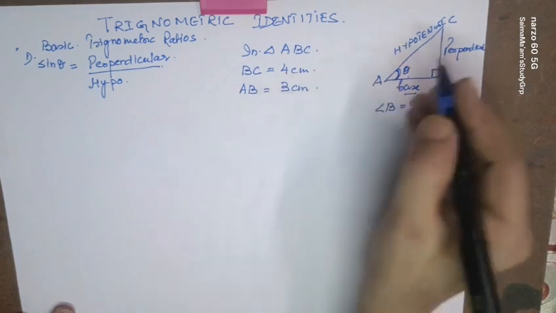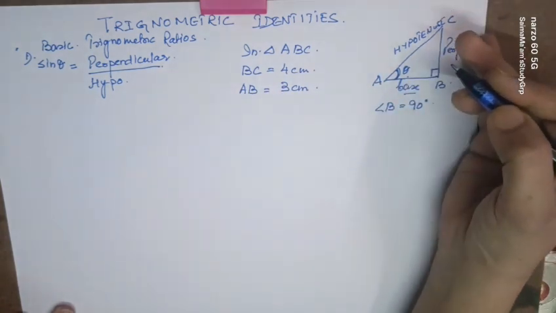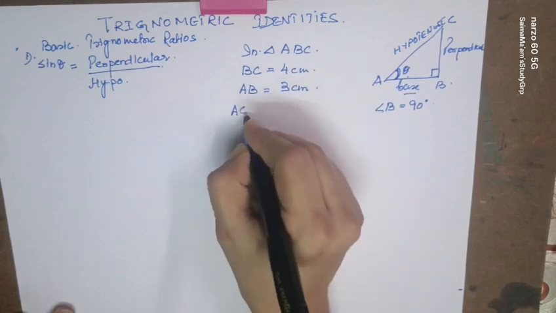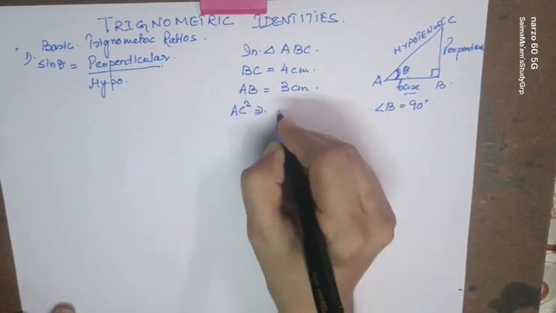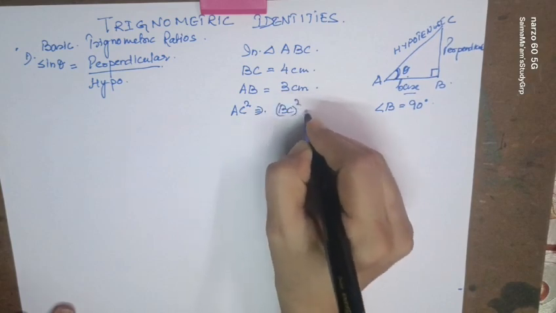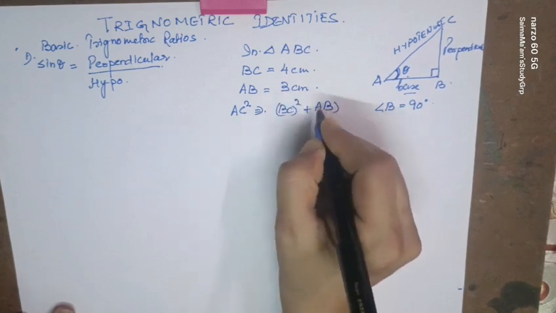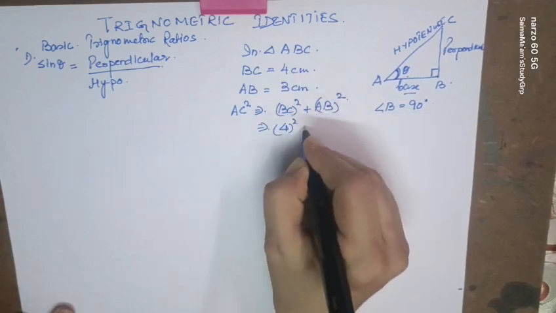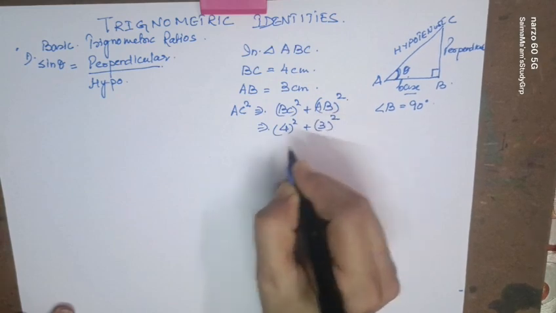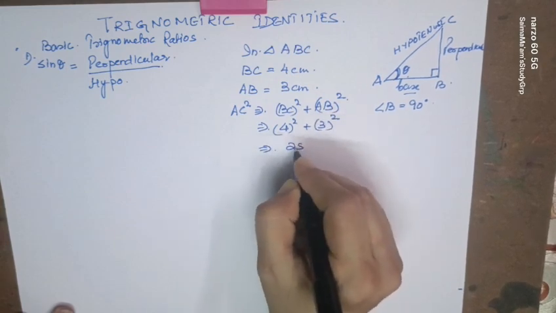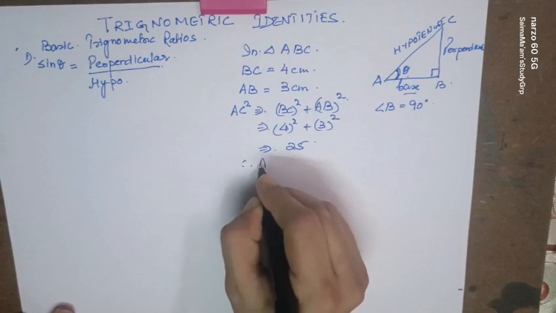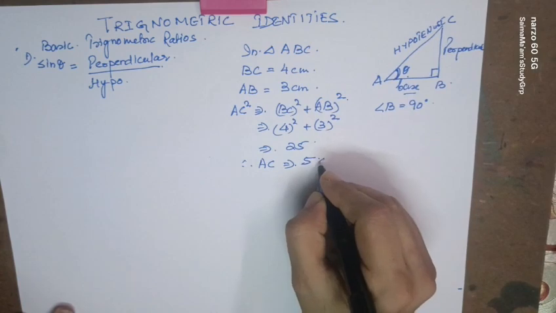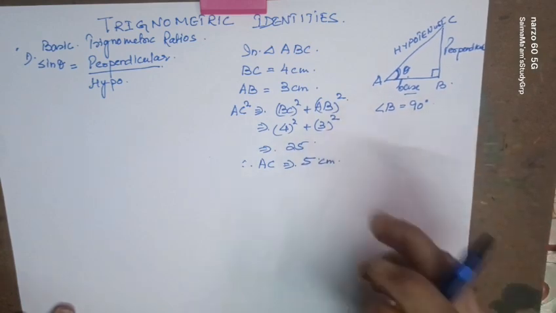Then, according to Pythagoras theorem, if AC is not provided, you can calculate it: AC square equals BC square plus AB square. So it is 4 square plus 3 square, that gives me 25. So the value of your hypotenuse is 5 centimeter.